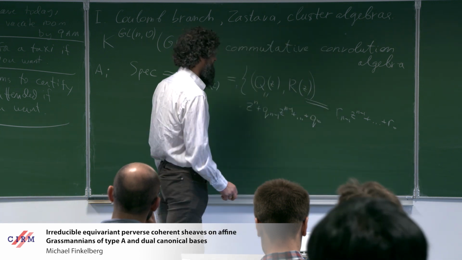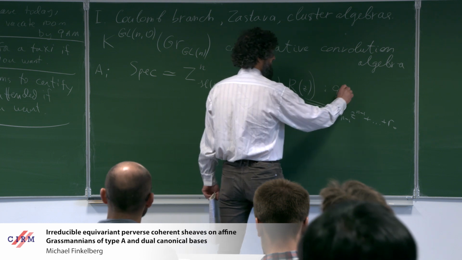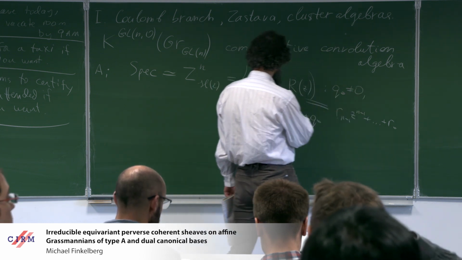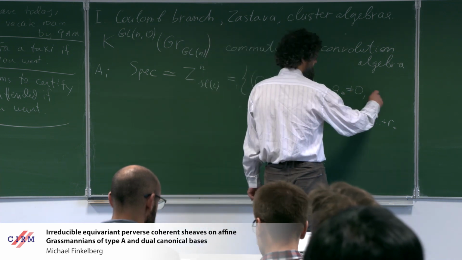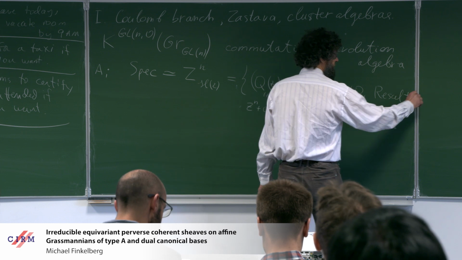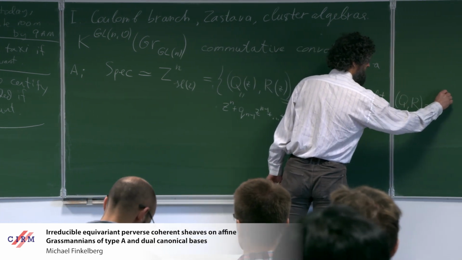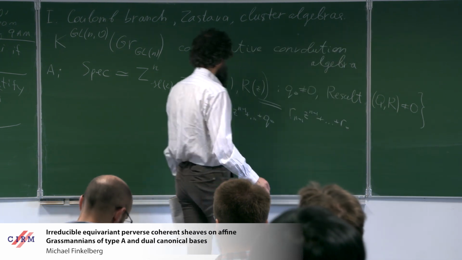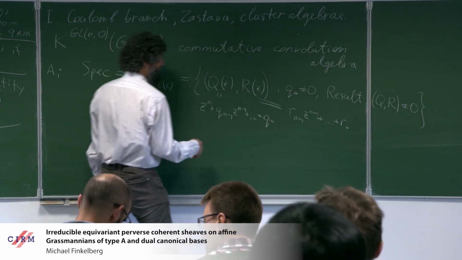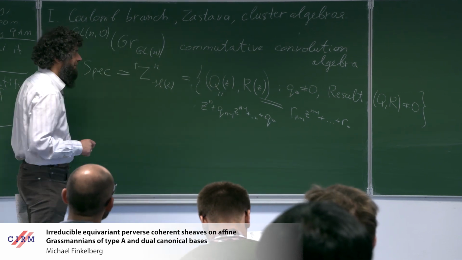And there are two open conditions. First, that Q naught does not vanish, and second, that Q and R are relatively prime. That is the resultant of Q and R is not zero. And maybe because of this condition, this is called multiplicative or trigonometric Zastava.